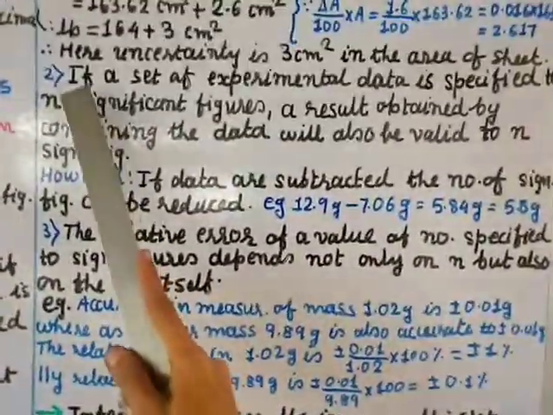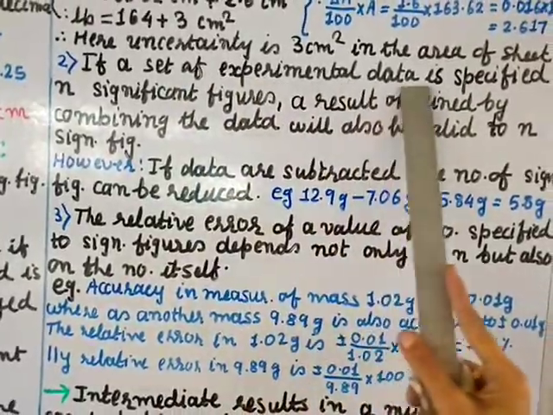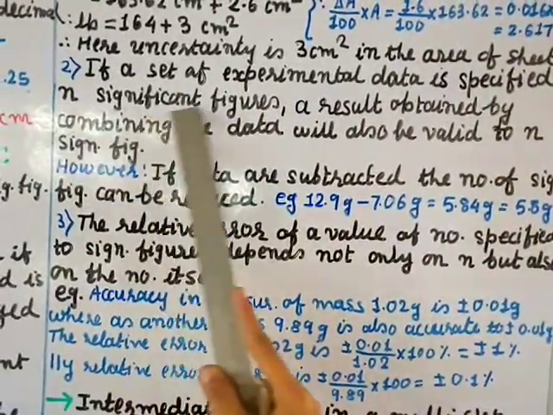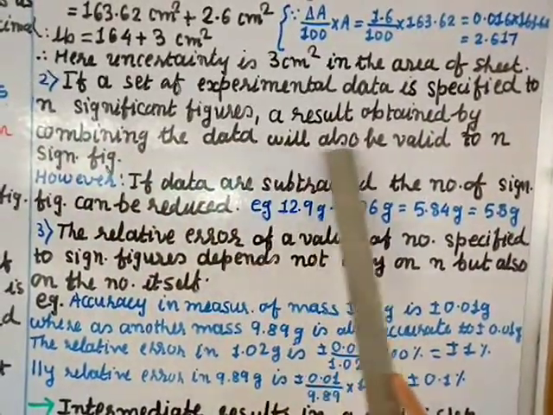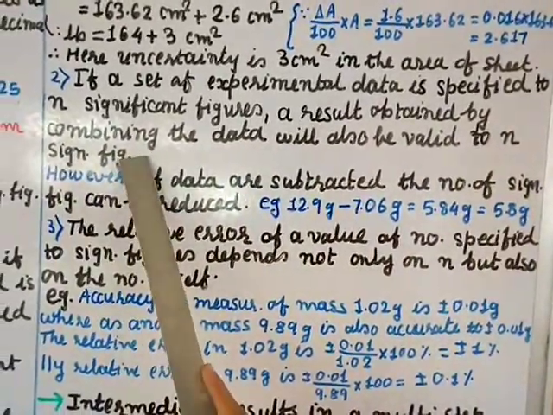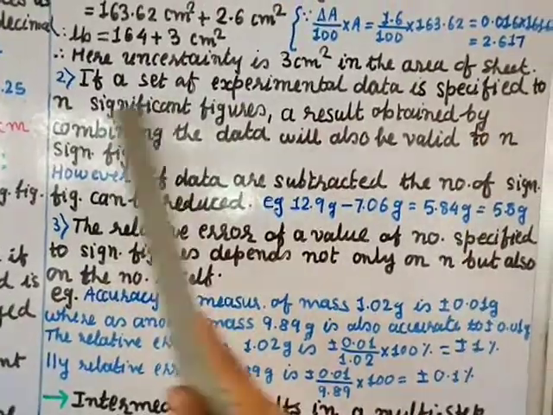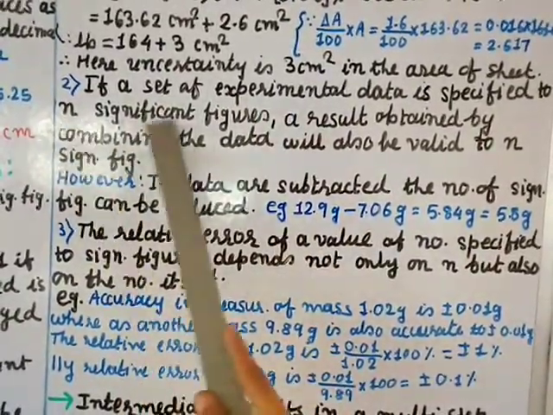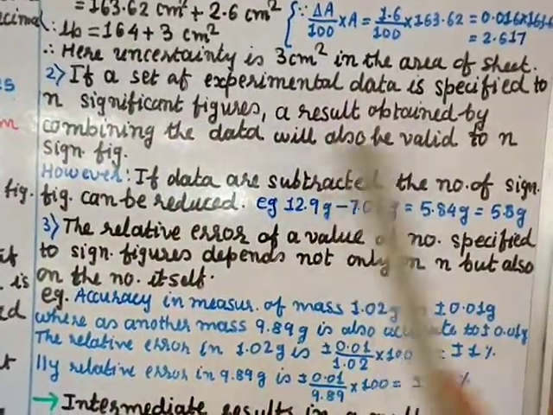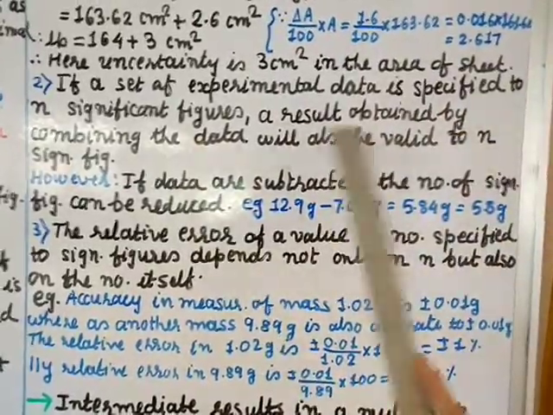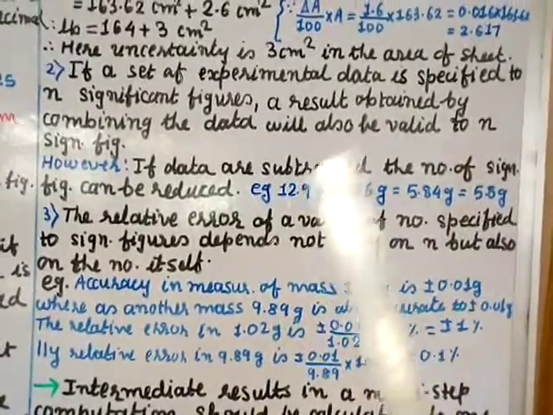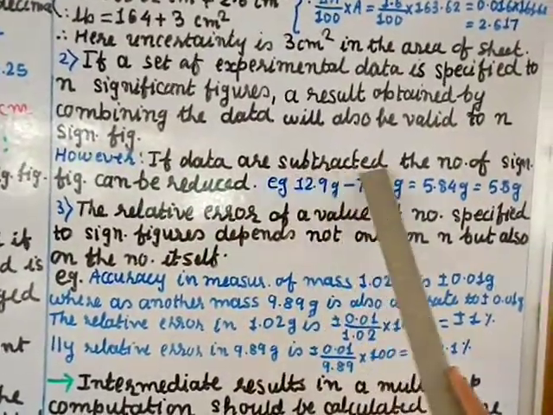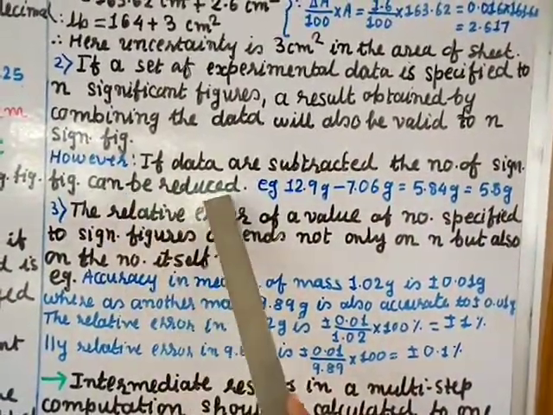Number 2: if a set of experimental data is specified to n significant figures, a result obtained by combining the data will also be valid to n significant figures. It is simple: if you have n significant figures in the experimental data, it will be the same when you combine. But if you are doing subtraction, it will be different. If data are subtracted, the number of significant figures can be reduced.